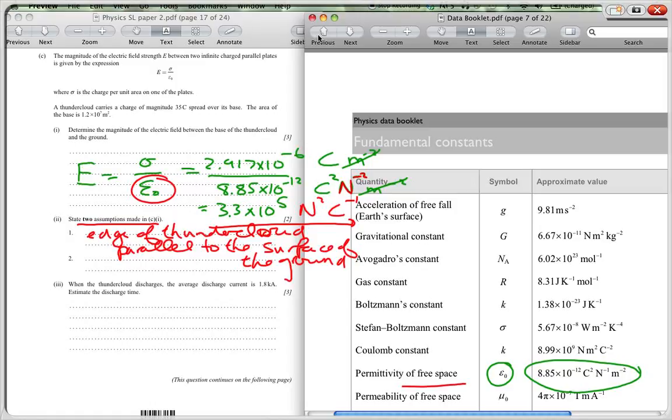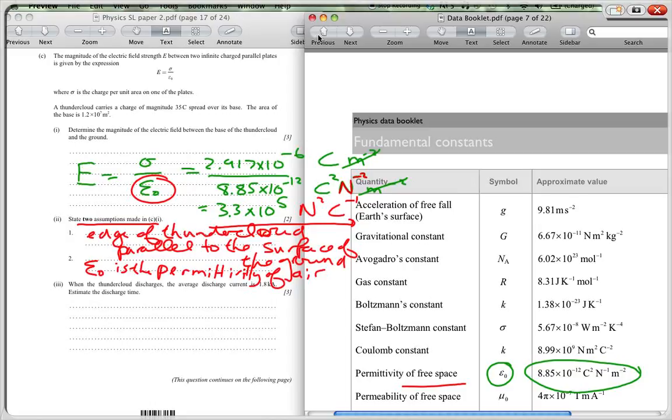Now we are therefore saying that E0 is the permittivity of air. So we made that assumption also.